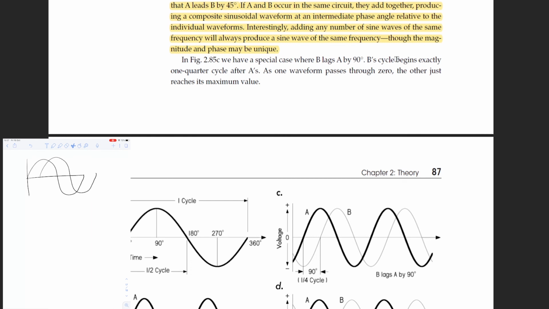What we're saying here is that when one passes 0, the other one reaches its maximum. So here it passes 0, and this one reaches its maximum. Here it passes 0, this reaches its maximum.